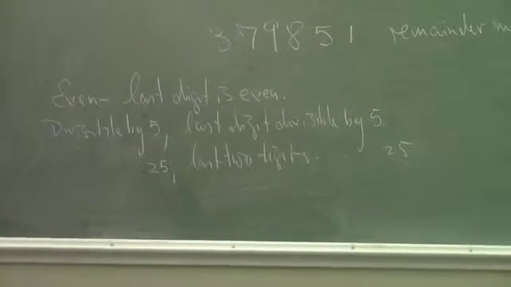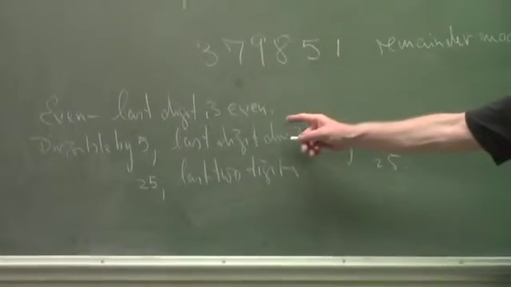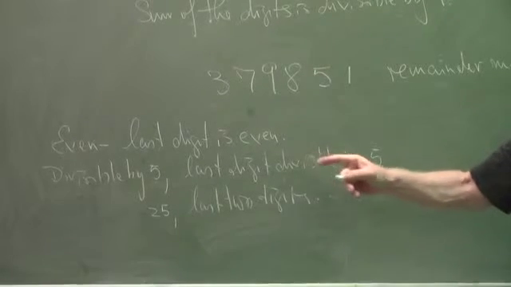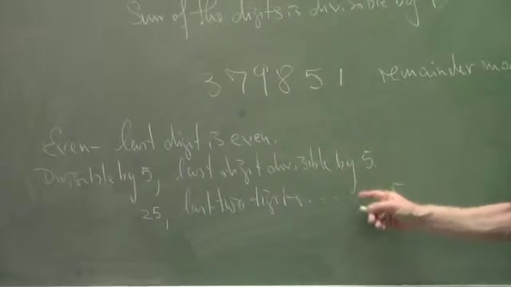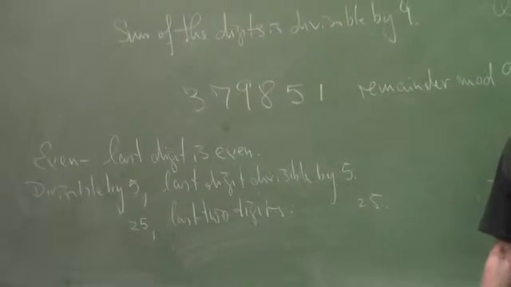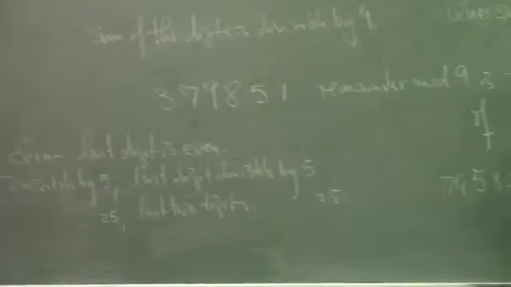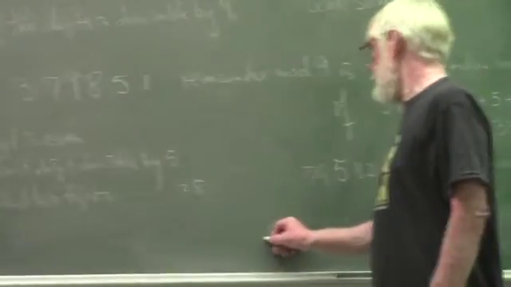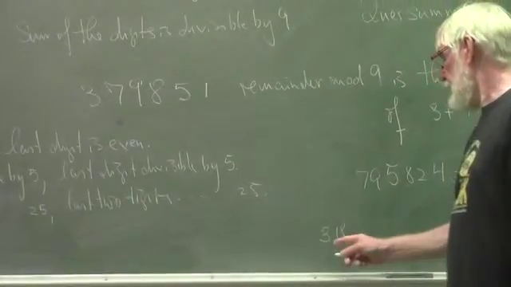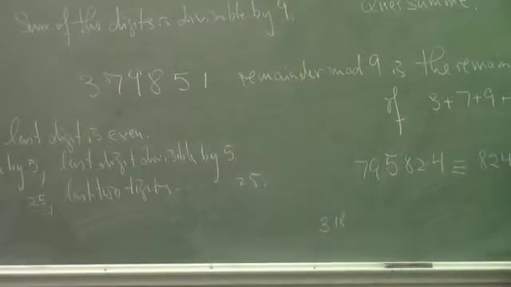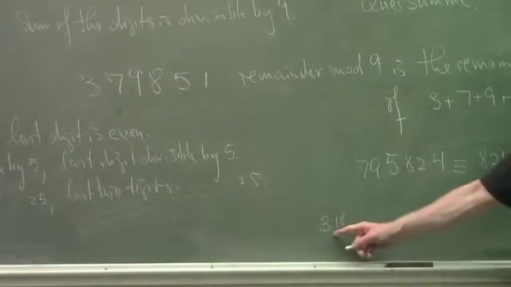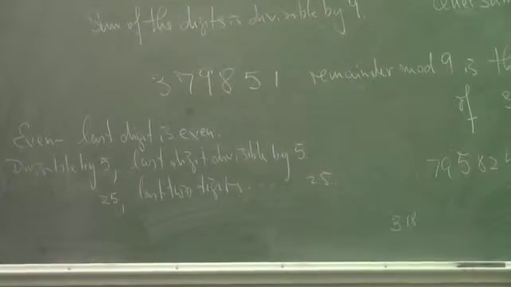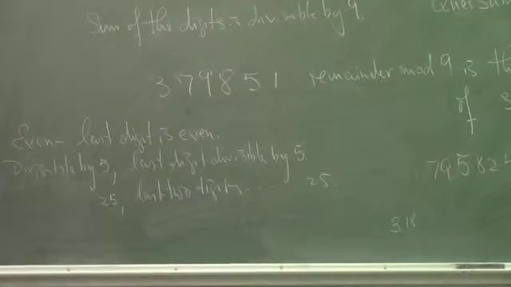So for divisibility by 2, you check the last digit. If you want divisibility by 4, look at the last 2 digits. So 318 is not divisible by 4. If it was 316, it would be. So is 824 divisible by 8?